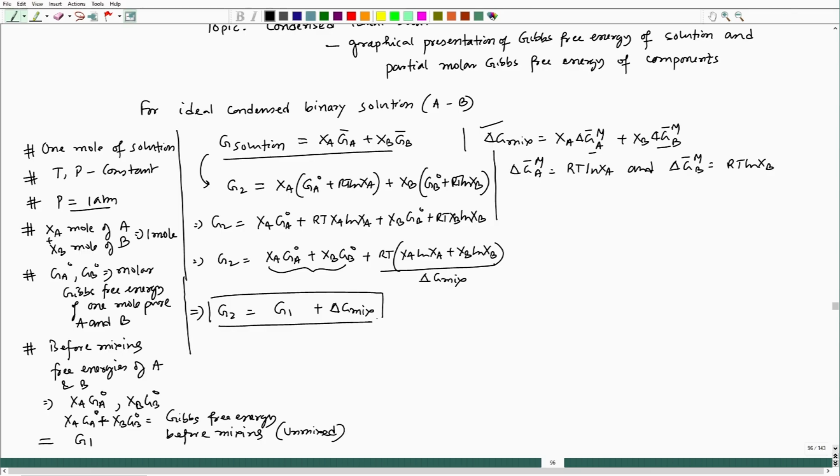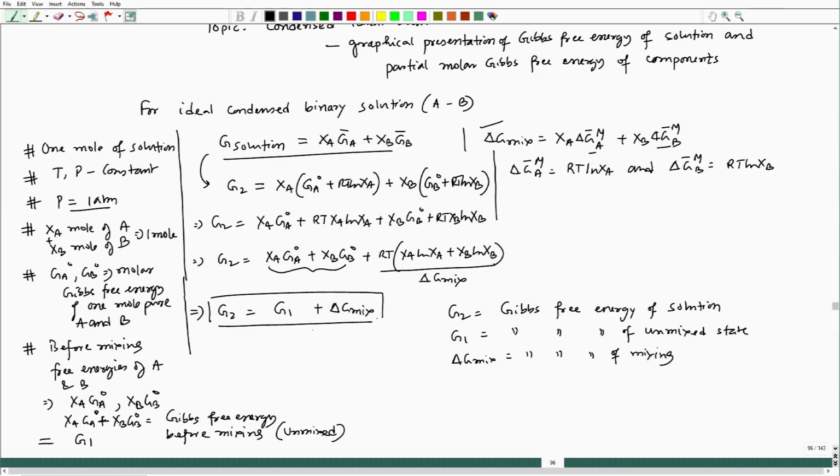So, the final equation we are seeing is that G 2 is the Gibbs free energy of solution, G 1 is the Gibbs free energy of the unmixed state, and delta G mix is the Gibbs free energy of mixing.